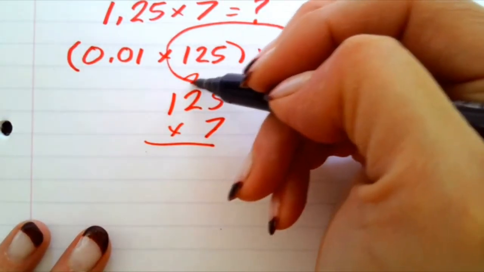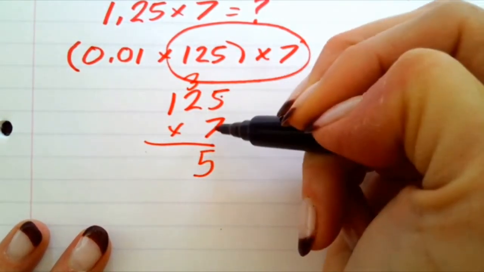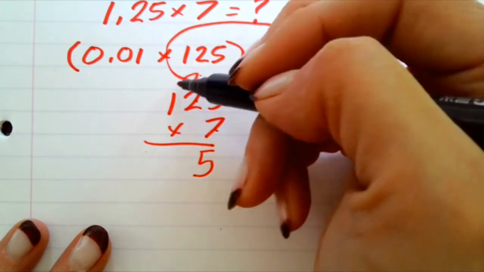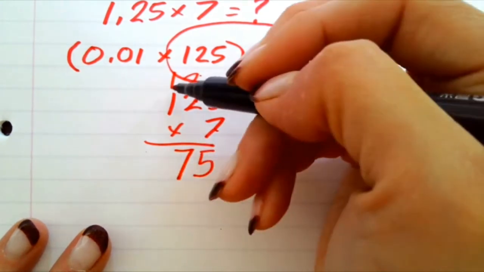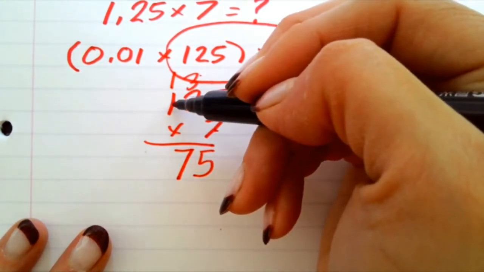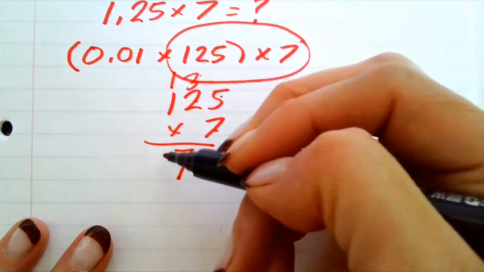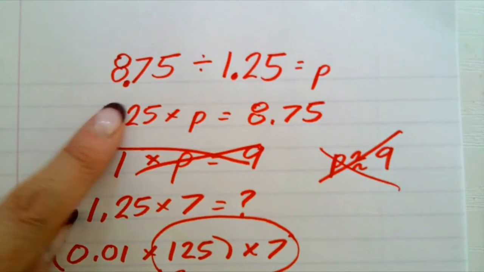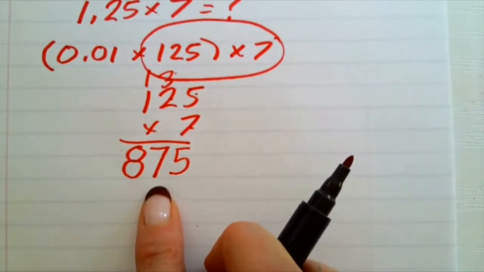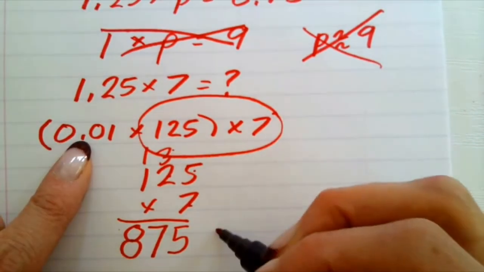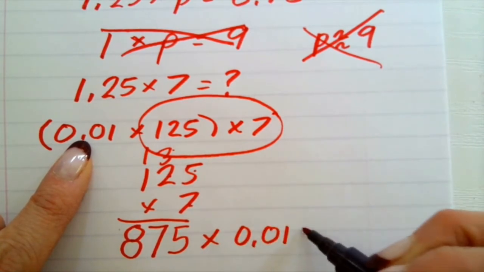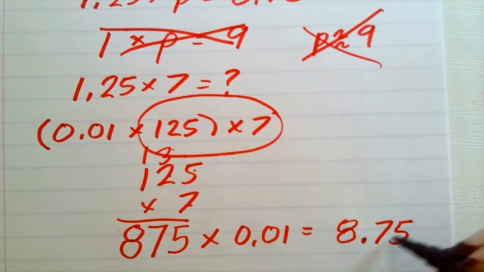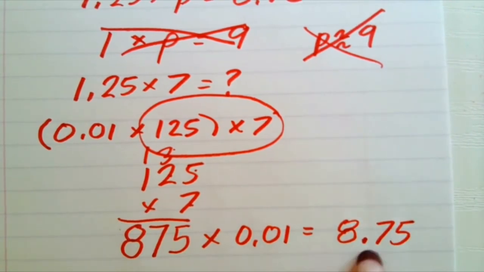7 times 5 is 35. 7 times 2 is 14, plus 3 is 17. 7 times 1 is 7, plus 1 is 8. That looks promising: 875. If we multiply it now by one hundredth, we get 8 and 75 hundredths. Remember how this works.